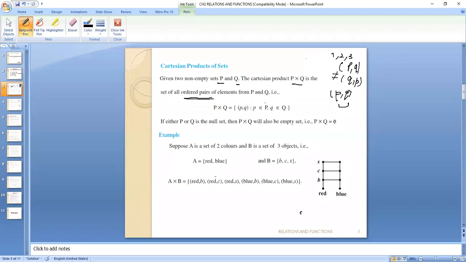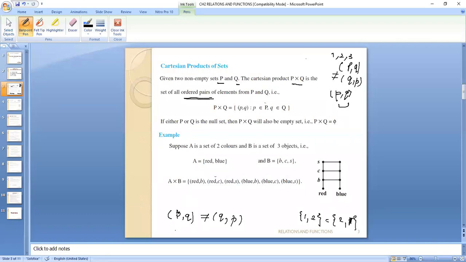In a set, if I'm writing set 1 2 and set 2 1, both the sets are equal. In a set we say order does not matter. But when we are talking about an ordered pair, then it matters that PQ is not equal to QP. In a set ordering does not matter, but in a product ordering matters. PQ is not equal to QP.